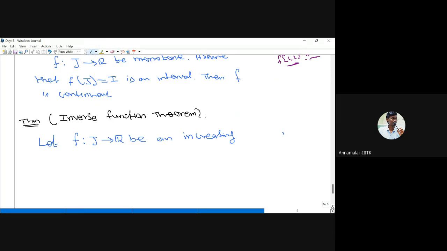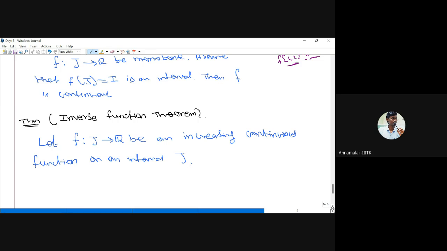That is very important. An increasing continuous function on an interval J, where J is an interval.